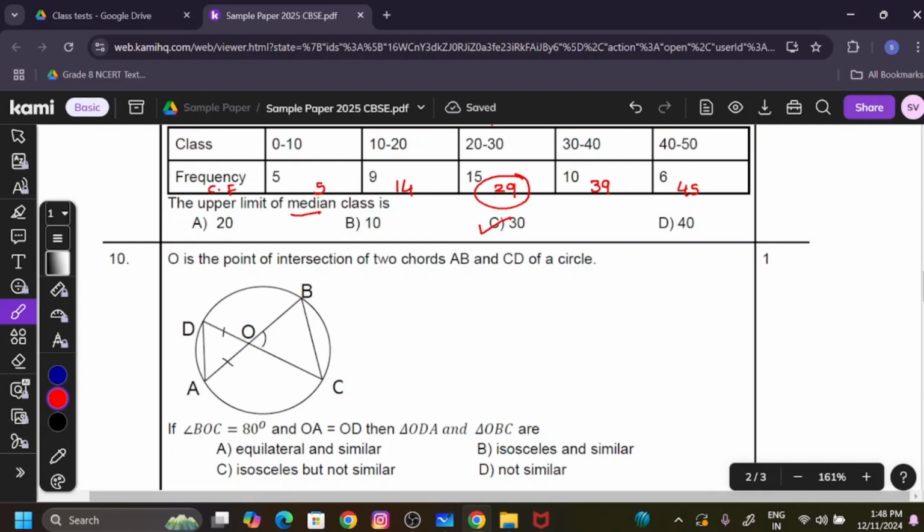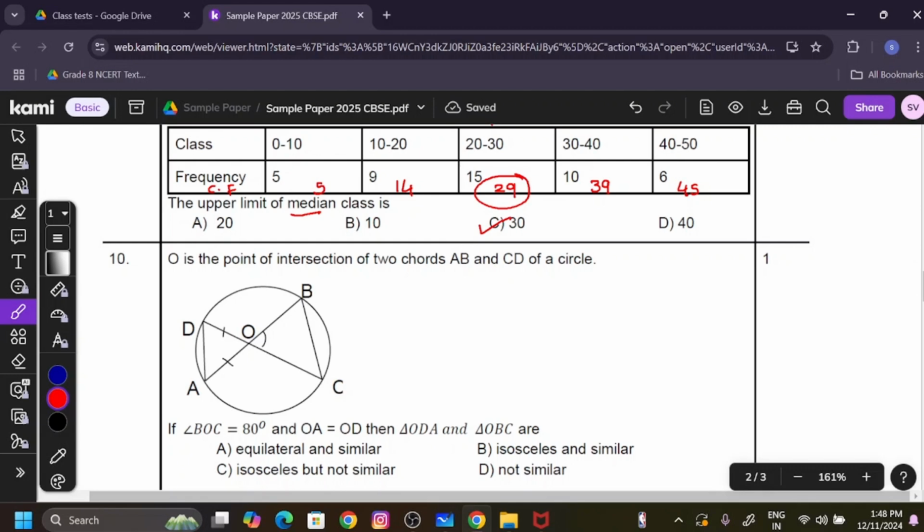See here, in triangle OAD, OA is equal to OD, so it is isosceles, and we'll see whether OBC is also isosceles and whether ODA is similar to OBC.